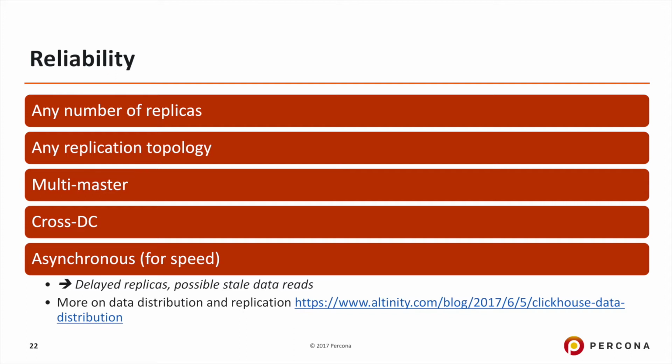This should be very similar for MySQL users, which means you may have some delayed replicas and possible stale data reads. So you should take this into account when you work with ClickHouse replication.